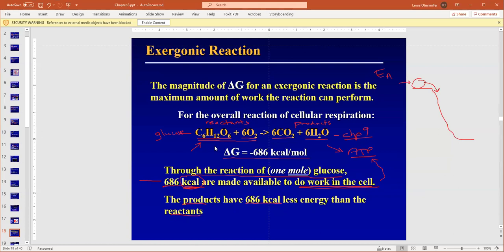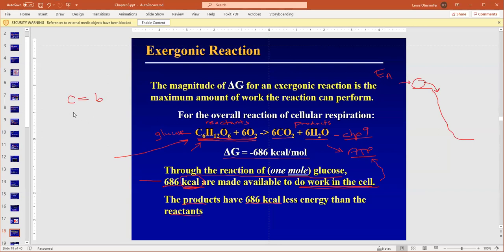One thing I want to point out here is that if we look at this equation, there's no difference between the reactants and the products. All the molecules are the same. There are 6 carbons on both sides of this reaction.